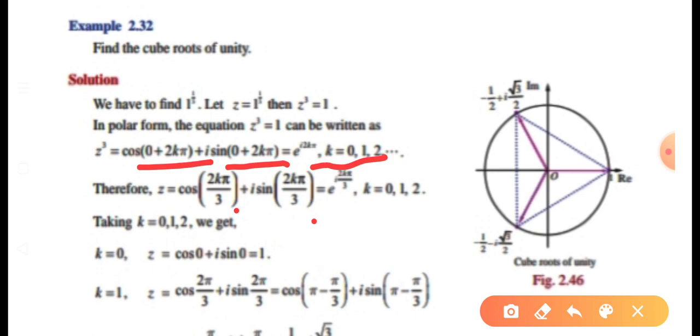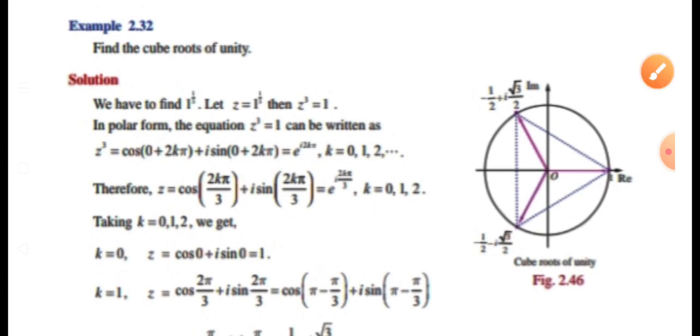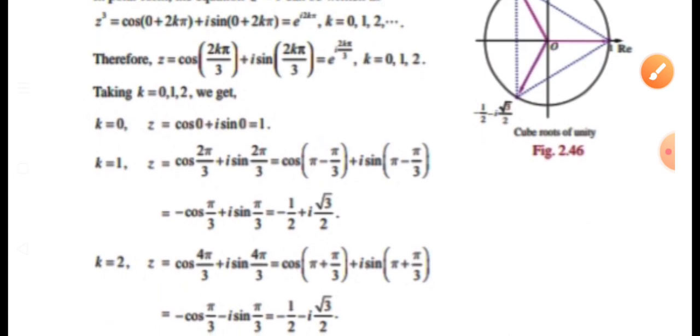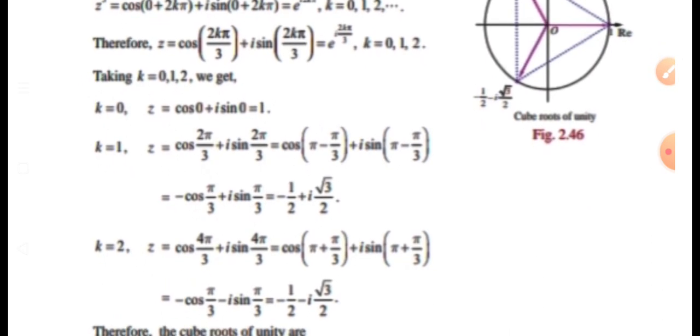In Euler form, e power i 2kπ by 3, where k is equal to 0, 1, 2. First we substitute k is equal to 0.